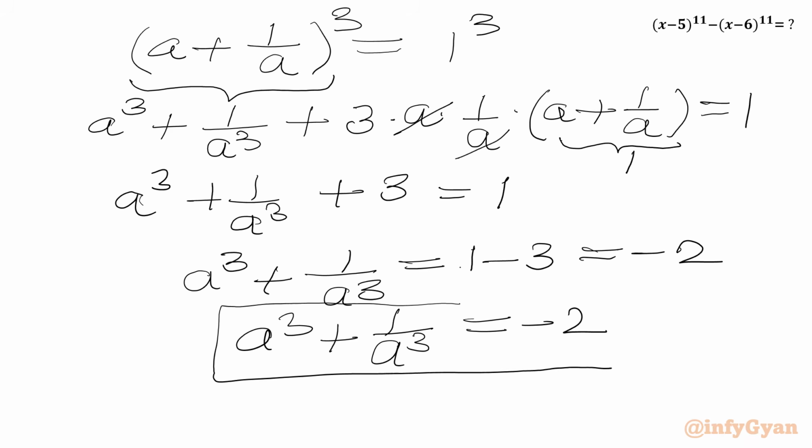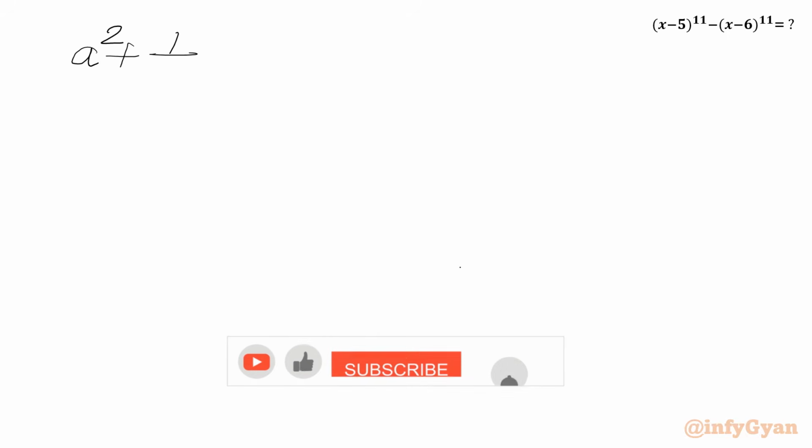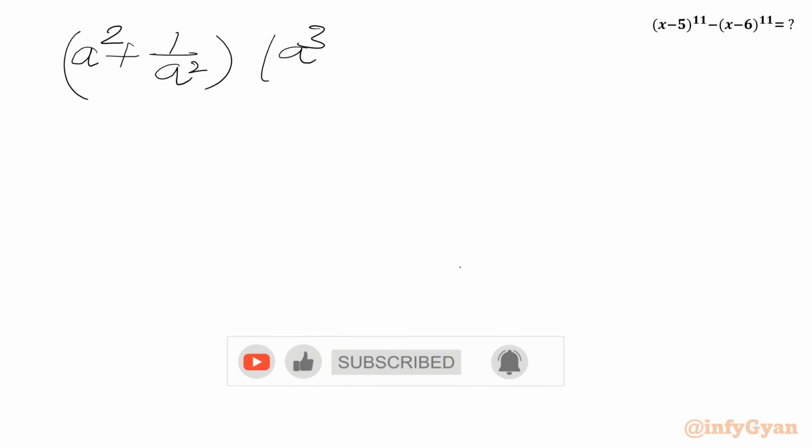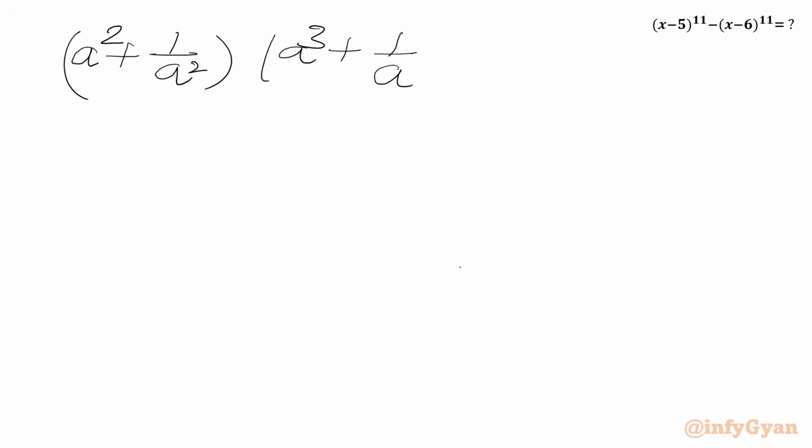A square plus 1 over A square was negative 1. Here we have minus 2. Now we will multiply both the equations. So we will write here (A square plus 1 over A square) times (A cube plus 1 over A cube). This will be equal to minus 1 times minus 2. Let's multiply.